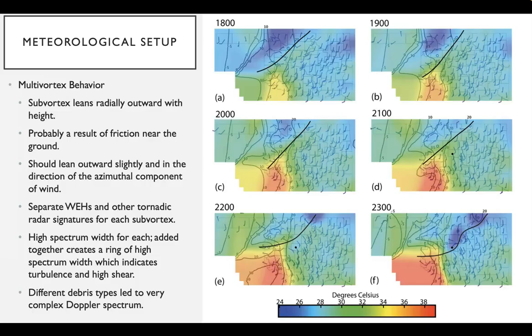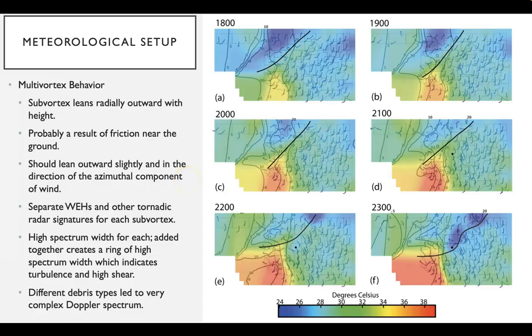And that could be due to a lot of different things. There's a lot of different more micro scale, storm scale processes going on inside these subvortices that we may not see and that we don't know about. And that could lead to the turbulence and the high shear. And different debris types lead to a more complex Doppler spectrum.